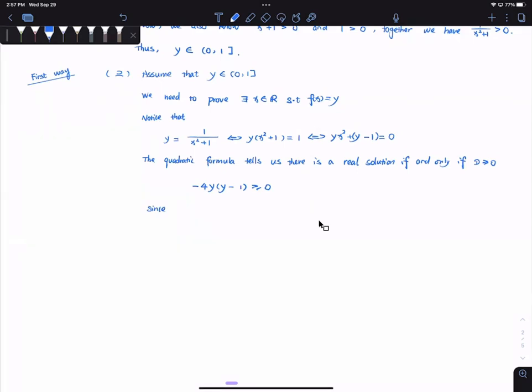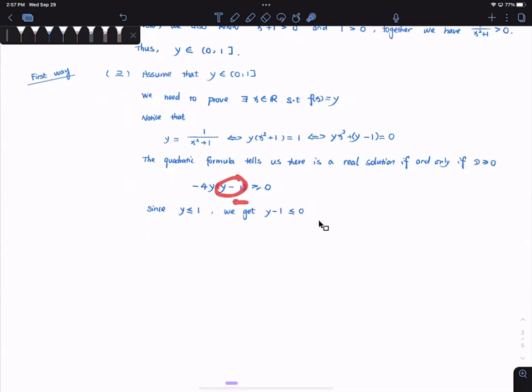So we know y is greater than 0. Oh, I should say y is less than or equal to 1. So we get y minus 1 is less than or equal to 1 minus 1, which is 0. So that means this is non-positive, negative, sorry.